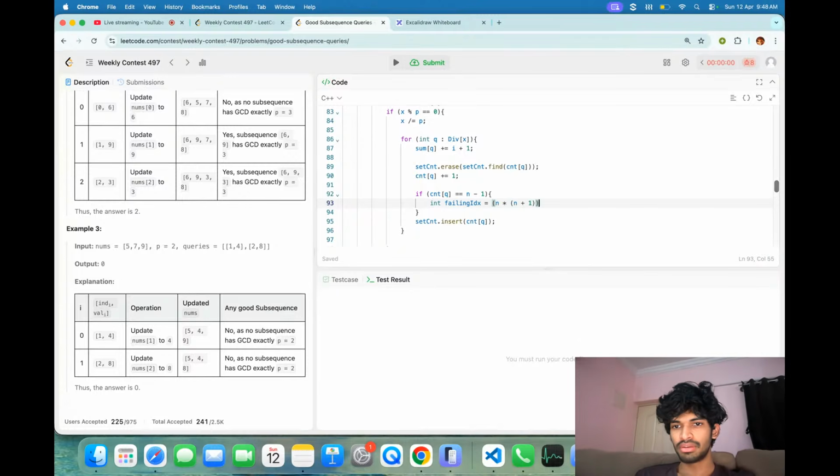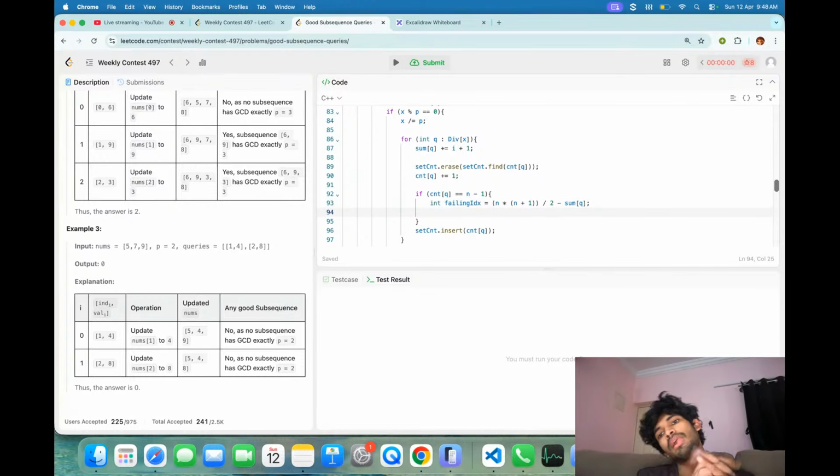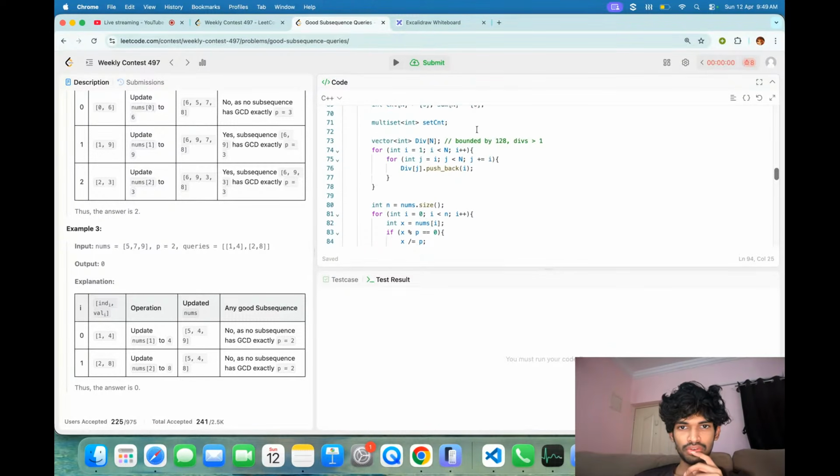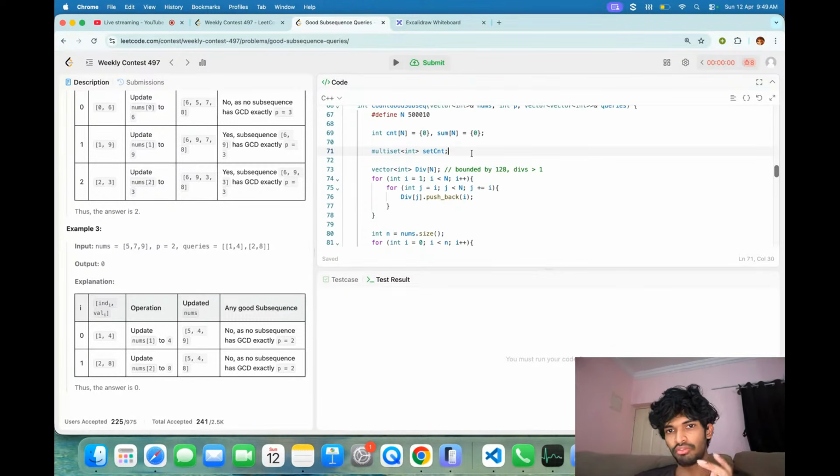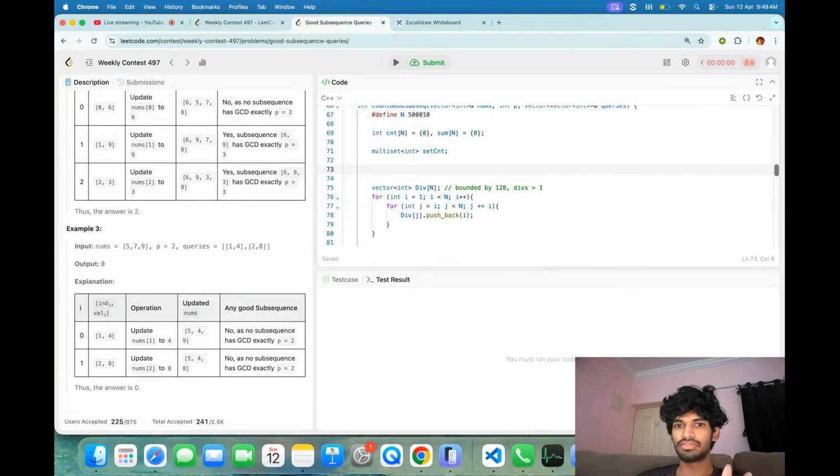N into n plus 1 by 2 minus sum of q. This will be the failing one. And you know this failing one, okay, this is the failing index. You want to keep track of how many times it's failing, and you want to have zero failed ones, okay?